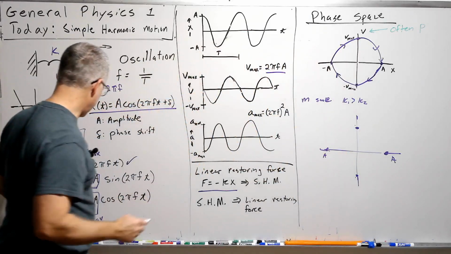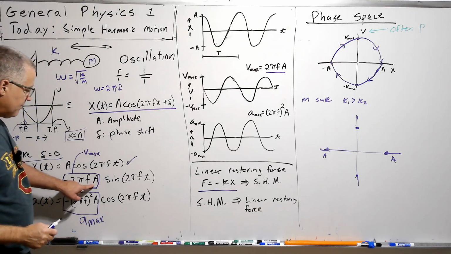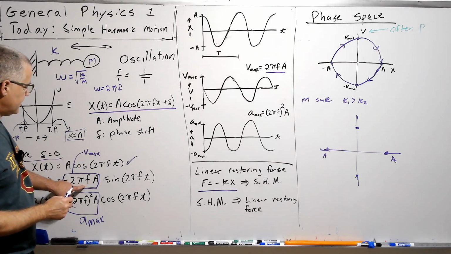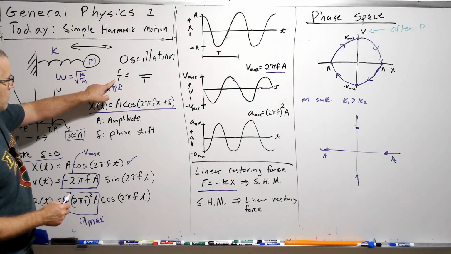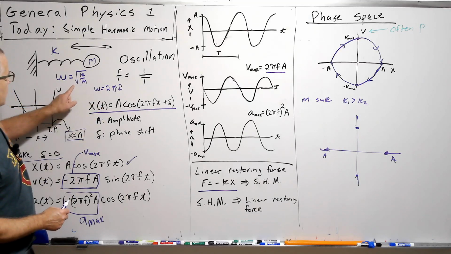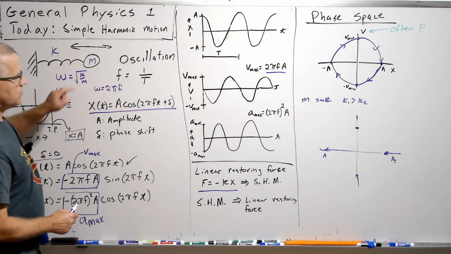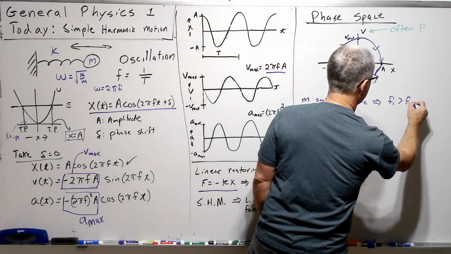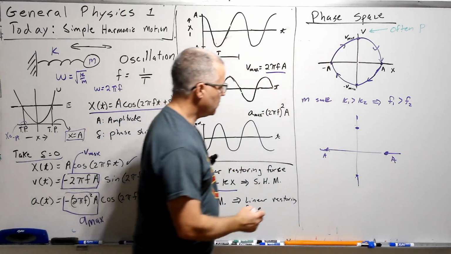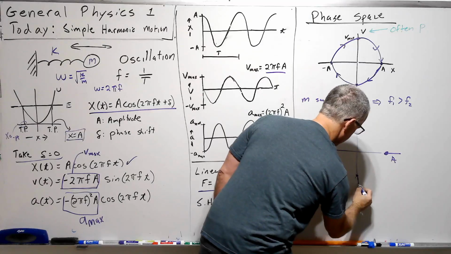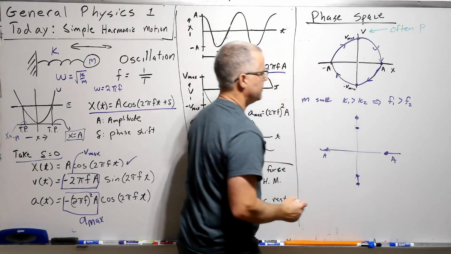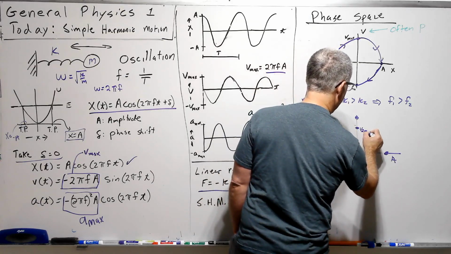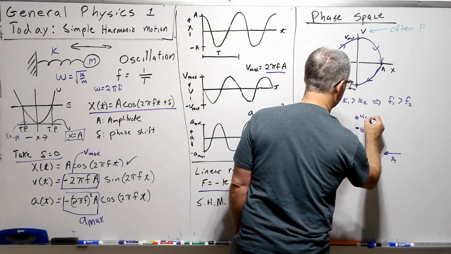The Vmax has the amplitude, which is the same here for both K1 and K2, but the frequency is different because the frequency of K1 is greater than the frequency for K2, because they're proportional to the square root of K. So this implies that f1 is greater than f2. And so we're going to have 2 points here, where this is V2 max and this is V1 max.